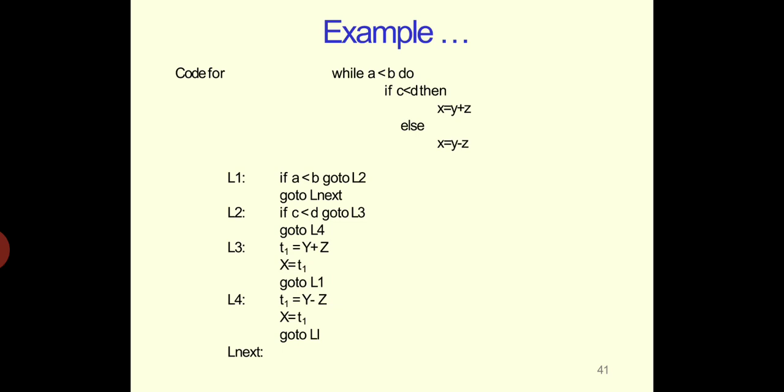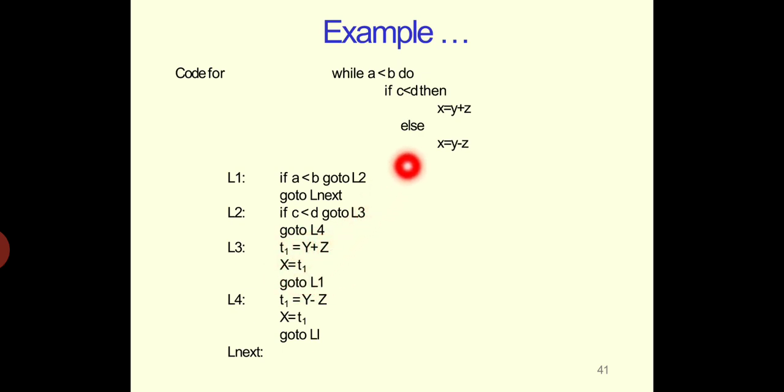If C less than D is false, we have to evaluate x equal to y minus z. That is why it is given like that. X is equal to T1, go to L1. That is, if C less than D, then you have to execute x equal to y plus z: T1 equal to y plus z, x is equal to T1, go to L1.